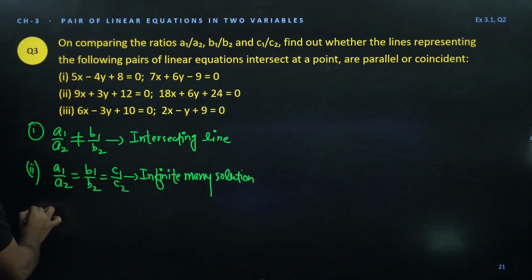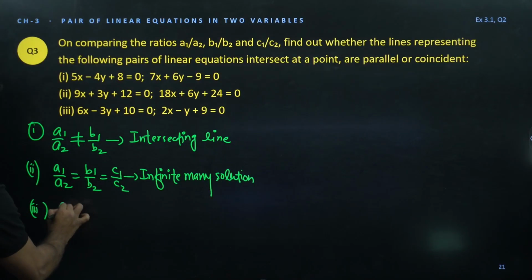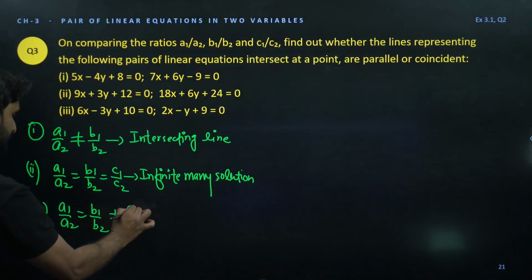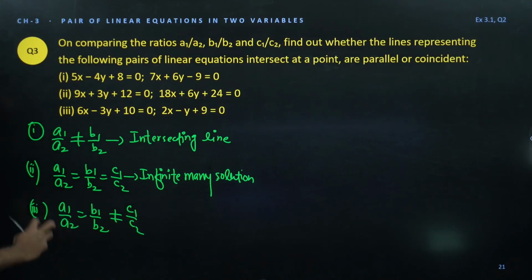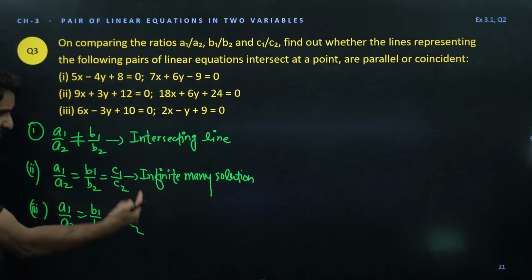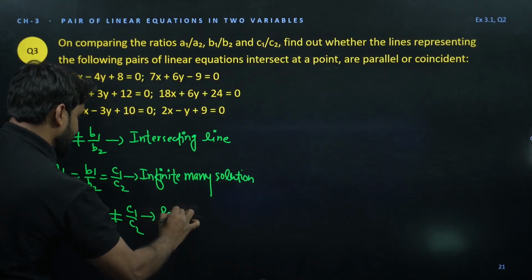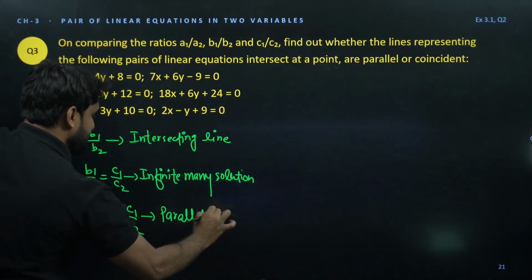And third, if A1 by A2 is equal to B1 by B2, but this is not equal to C1 by C2. The first two ratios are equal to each other, but the third is not. So it indicates that both the lines will be parallel to each other.